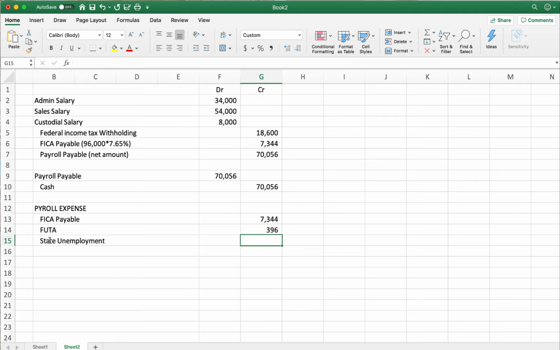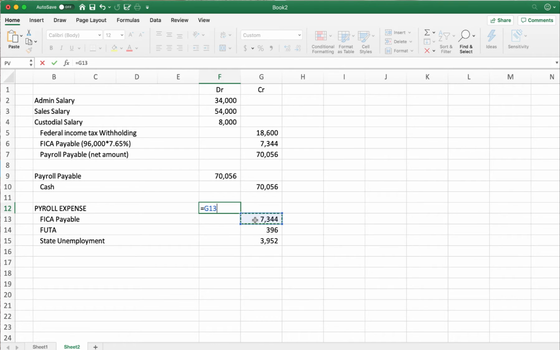In this case, they tell us that salaries subject to state unemployment tax are $76,000. So I'm going to take $76,000 and multiply that by 0.052. And I get $3,952. These are all the payroll expenses that the employer has to pay on behalf of us, right?